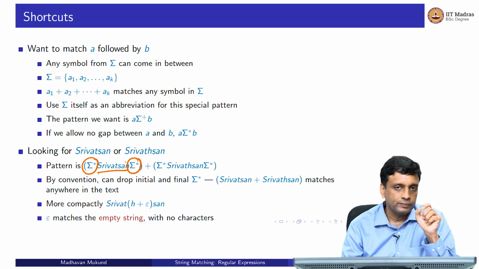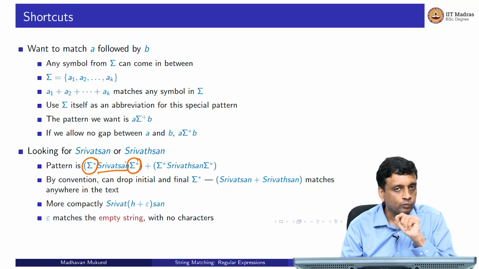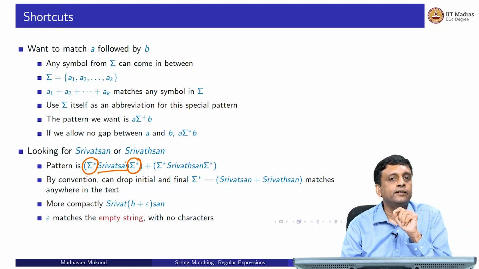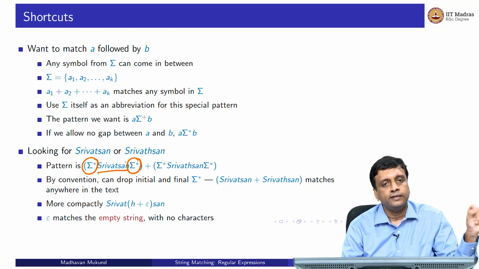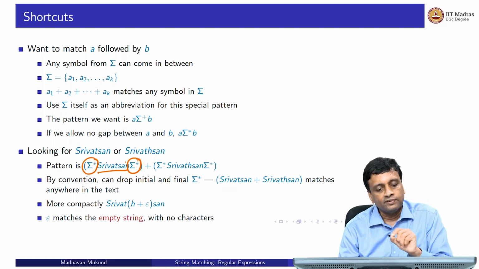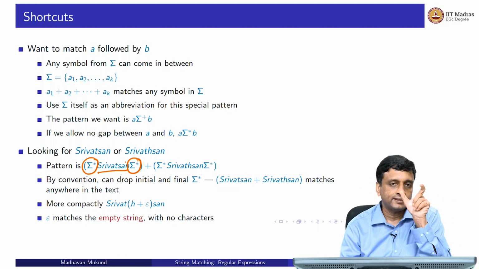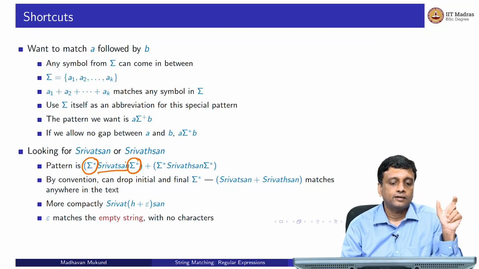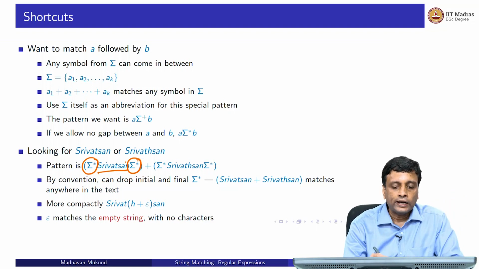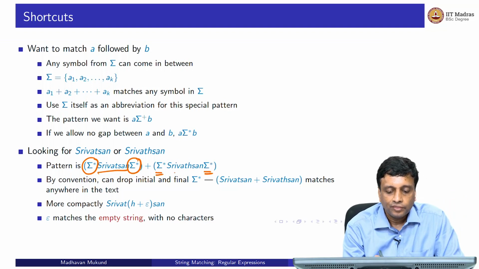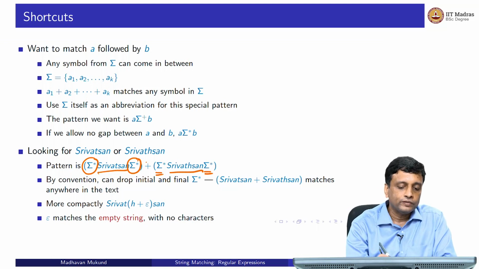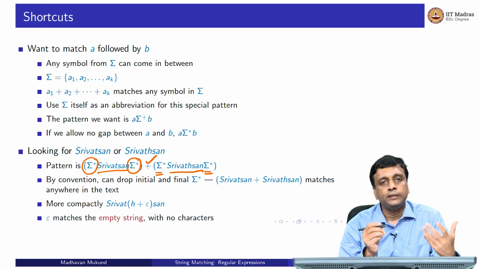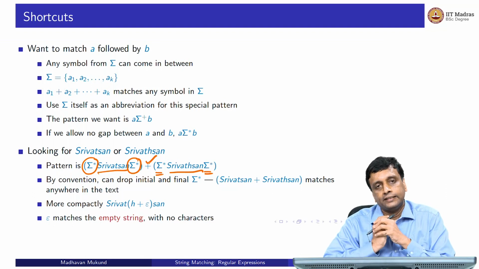I just want to see in the middle this sequence S followed by R followed by I. Remember that if I give you a word, it is like that pattern A followed by B: P dot Q dot R, A dot B dot C dot D looks for A, B, C, D. So these letters in that order will match exactly the sequence Srivatsan. So this is one possibility, or I want to find any letters which surround the word Srivatsan with an H, and I want either of these, so I use the plus, right. So this would be the long-winded way of writing this.